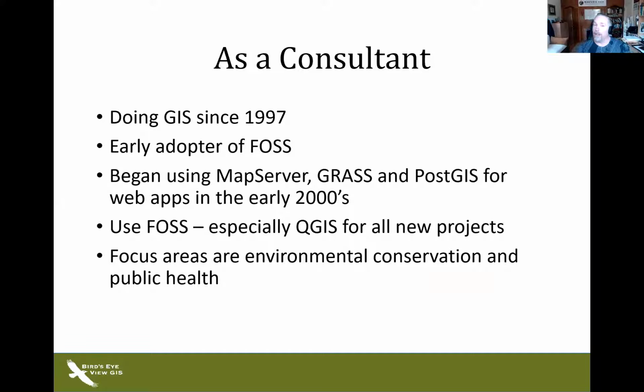A light bulb went off for me, and I started following open source software pretty closely from that point on. I first downloaded QGIS in 2005 or so. At the time, it was not a terribly powerful piece of software, but it was interesting, and I've tracked it ever since. These days, with my clients, I use QGIS and PostGIS and R and a lot of other open source software for all my new projects.